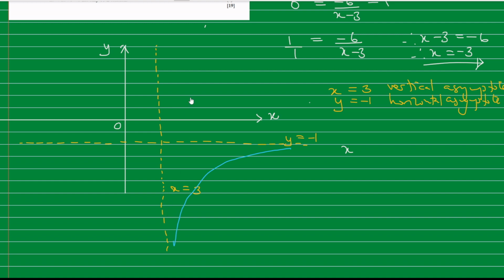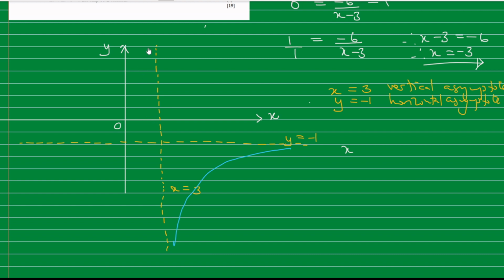Now, the second part is lying in the second quadrant over here. Now here, when you draw, you'll find that this curve will cross the y-axis and the x-axis. But you must be careful how you draw it, because you can make it cross on the positive side of the x-axis from 0 here.